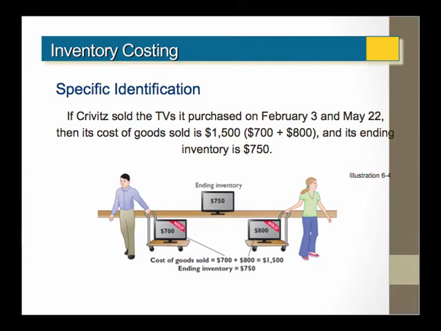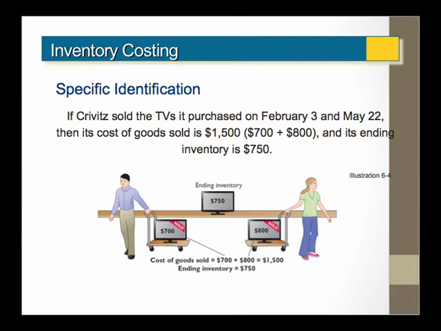So in this illustration, the $700 set and the $800 set were sold to the customer, and the remaining TV set in ending inventory was $750. This is called the specific identification method because we can specifically identify the cost for the specific inventory item.